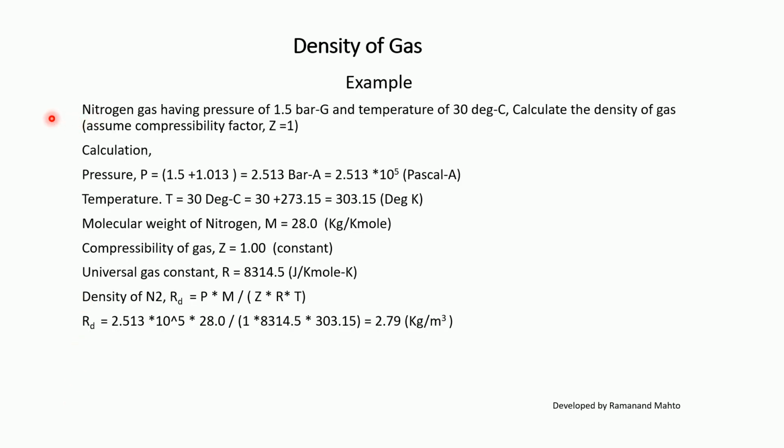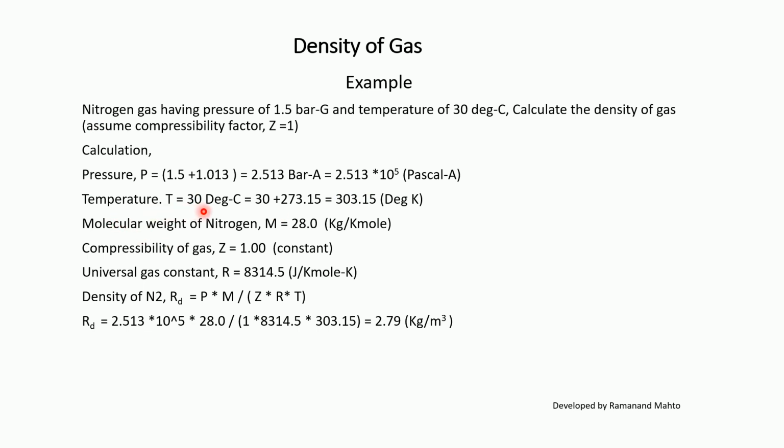So let us understand with an example. Nitrogen gas having pressure of 1.5 bar gauge and temperature of 30 degrees Celsius. Calculate the density of gas assuming compressibility factor Z is 1. So how can we calculate? Pressure P is 1.5 adding 1.013, which becomes 2.513 into 10 to the power 5 Pascal.